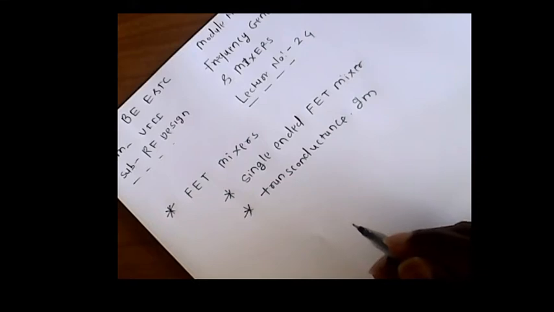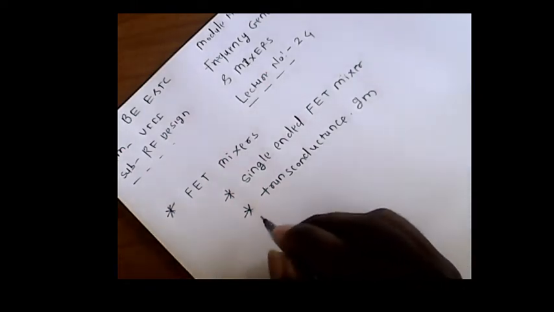When the FET is operated in common source configuration with negative gate bias voltage, which will be shown in this figure.